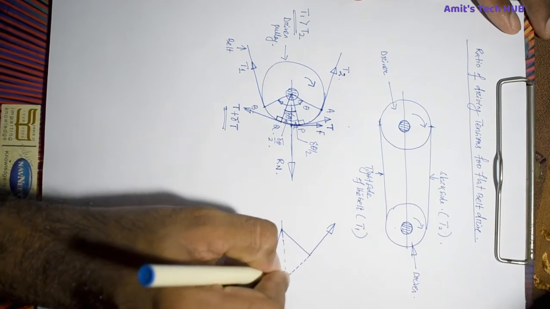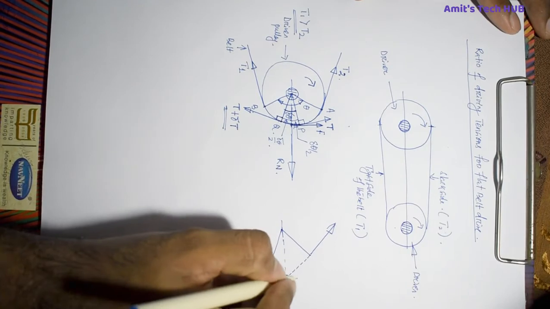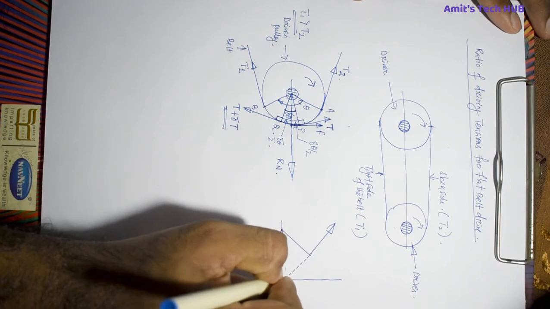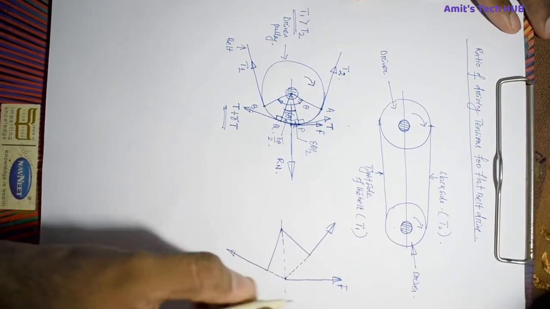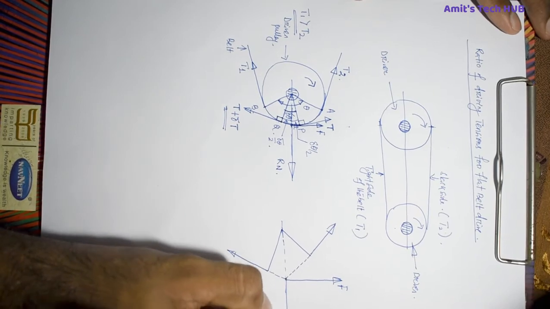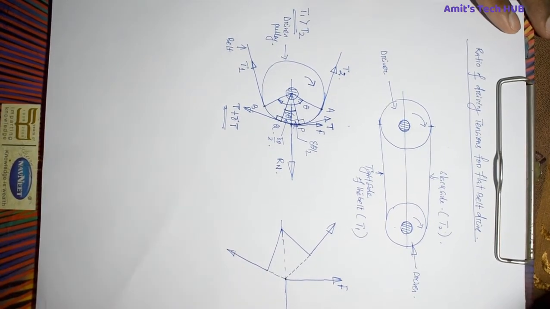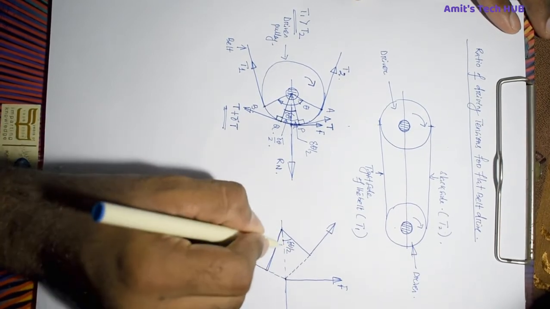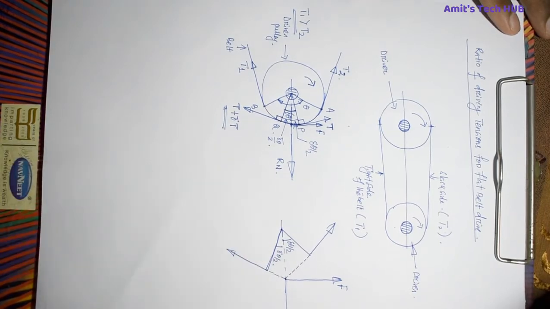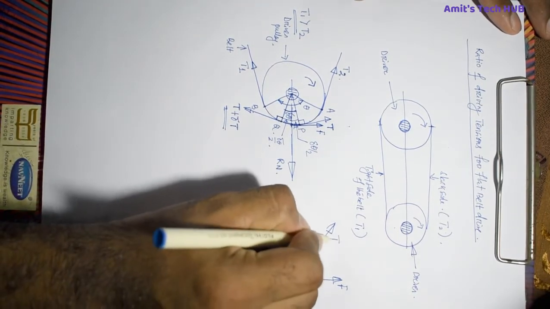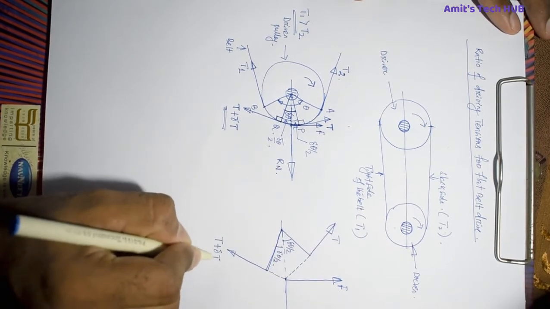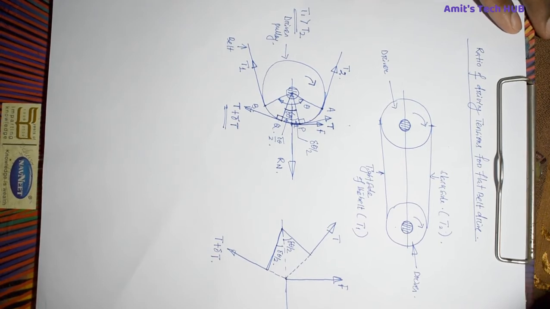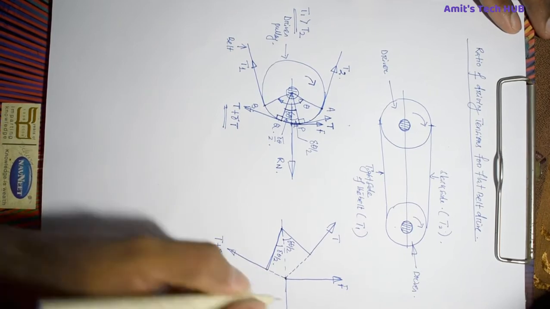I can elongate this like this, and as it is very small, here is our frictional force F, and here is your Rn, and this angle is del theta by 2. Also here, this angle is del theta by 2. Here the tension is T, and here the tension is T plus del T. Here Rn.